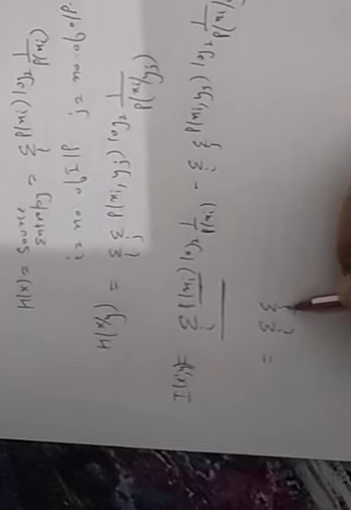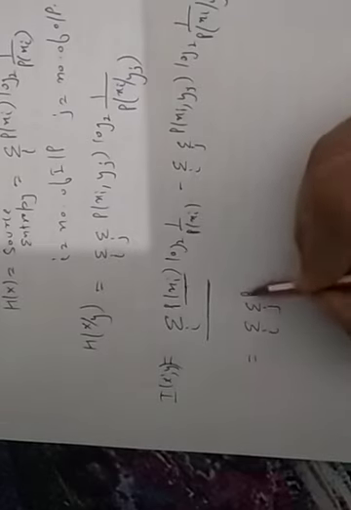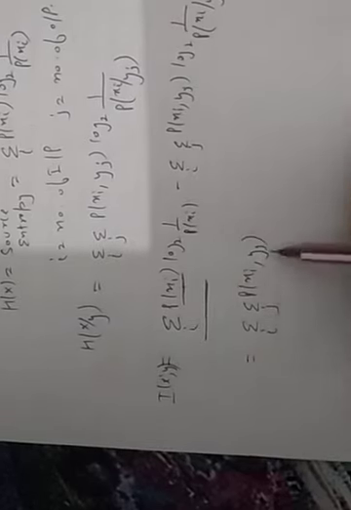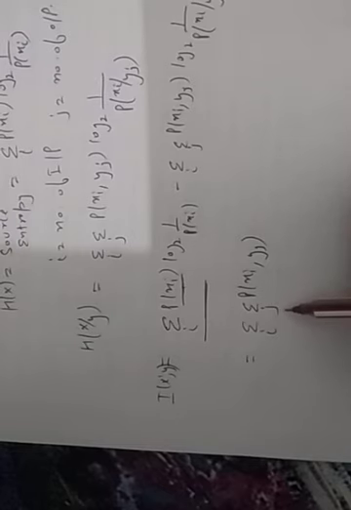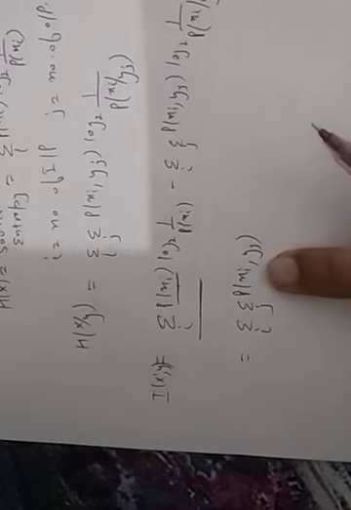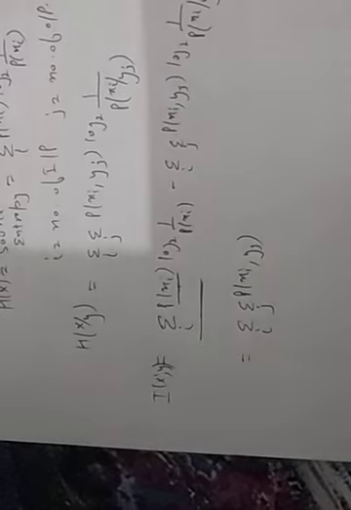If we sum the joint probability for all values of j, as we have seen in the numericals earlier, that will represent one row, the ith row.